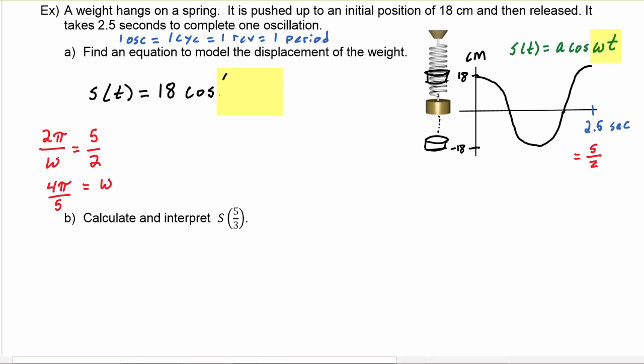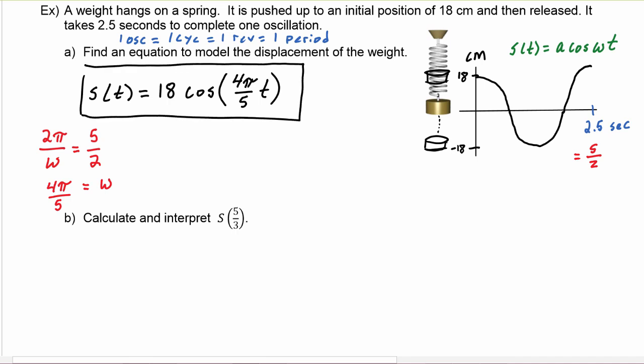Then we know the argument of our cosine function is going to be 4 pi over 5 t. So now we've got our position function, and we can use it to answer the rest of the questions in this problem.